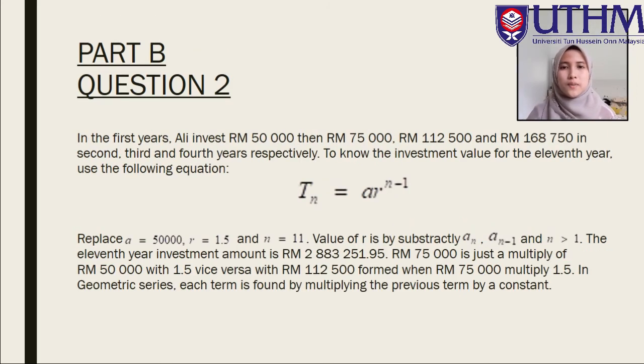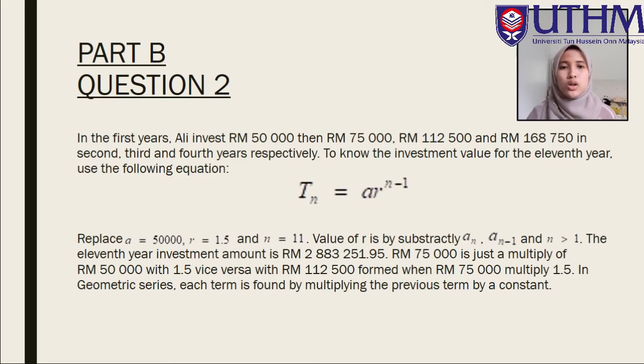Next is part B, question 2. In the first year, Ali invests 50,000 ringgit, then 75,000 ringgit, 112,500 ringgit, and 168,750 ringgit in the second, third and fourth year respectively.